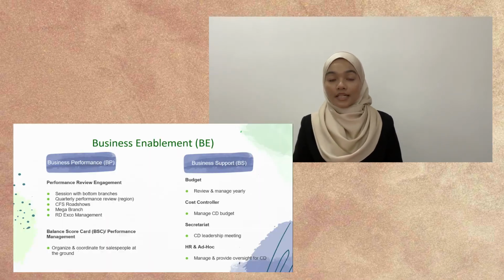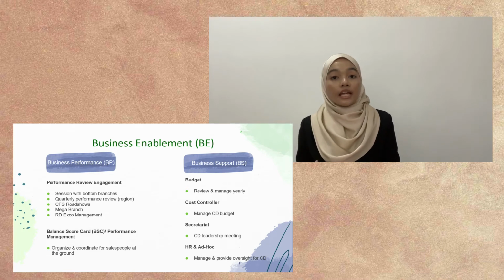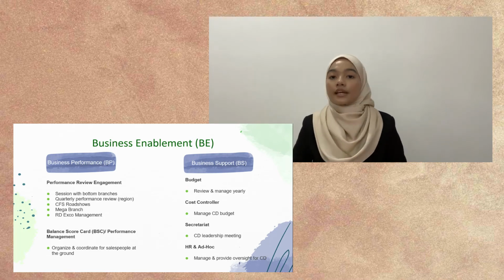The first team of the BE section is BP, and their role is on performance review engagement, where they act as a middleman between head office side and also branch side. They have 5 keys that need to be conducted.